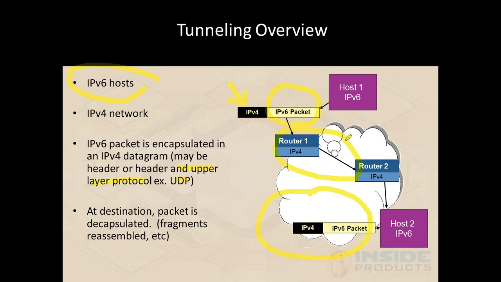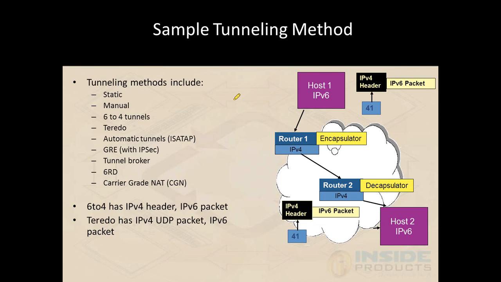Tunneling can work in the same way, but tunneling embeds the packet. You have your V6 packet and you embed it somehow in a V4 packet. Oftentimes the tunneling is in the router, but it can also be in a host. You can do tunneling inside a host as well.